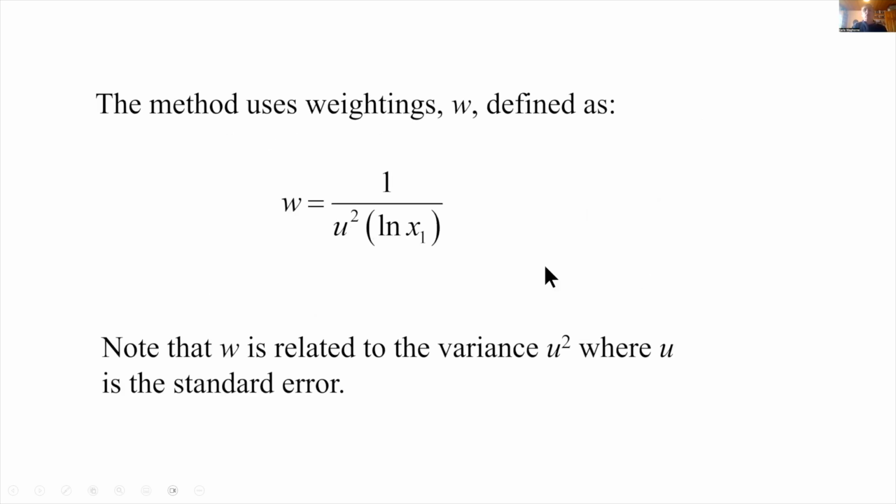Okay, so the Simonian Laird method uses what I'm going to call weightings. Their symbol is W, and they're simply 1 over the square of the standard error in your experimental quantity. So what we need here is simply the standard error.